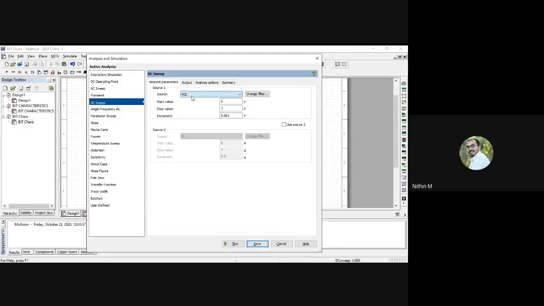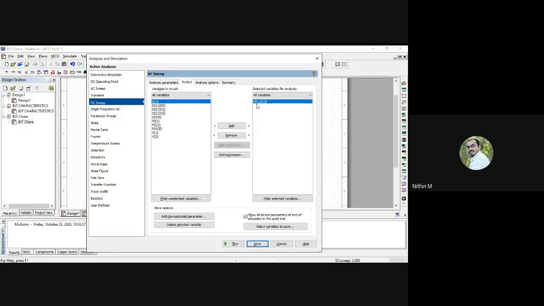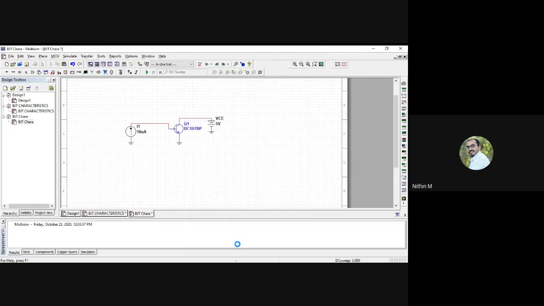For source 1, I have taken VC. I'm varying it from 0 to 3 with an increment of 0.001, and at the output I am selecting the collector current IC, the Q1 current. I'm expecting a plot of IC versus VC for that base current of 10 microamps. So I'm giving this run.